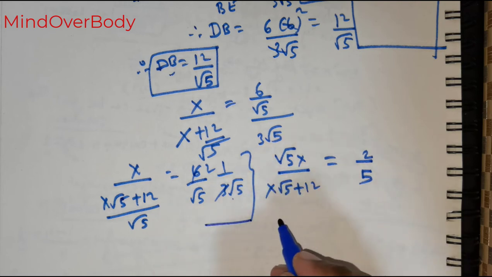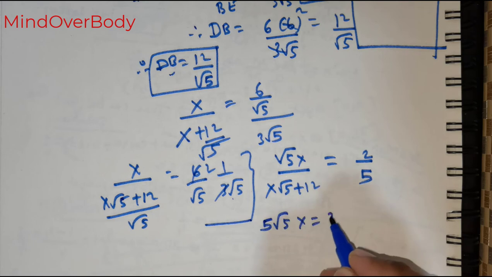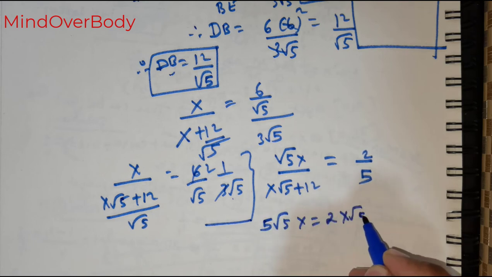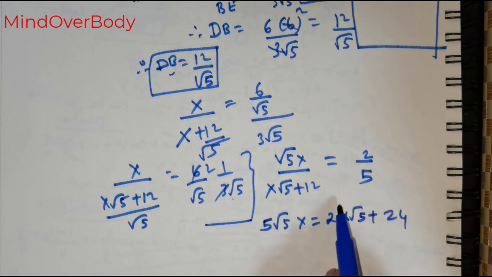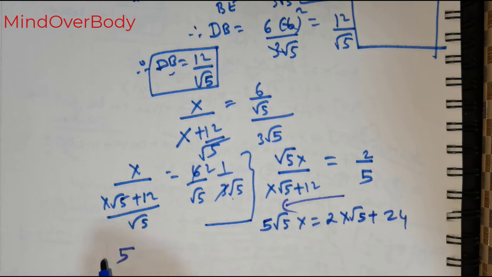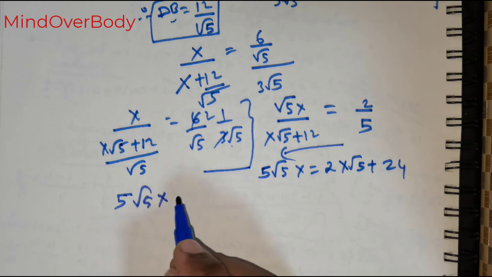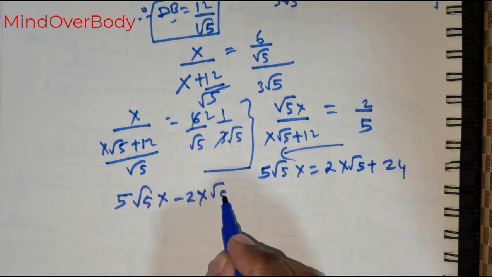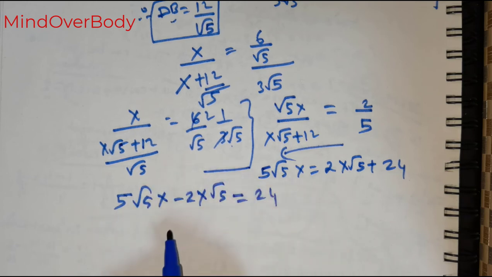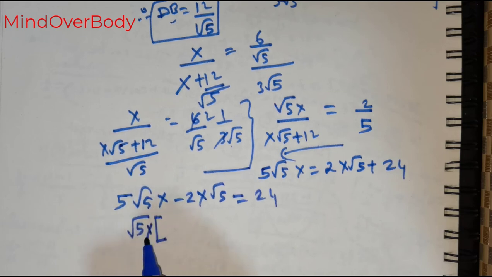Now I can cross multiply. I get 5 times root 5 times x is equal to 2 times x root 5 plus 24. If I move this, it's 5 root 5 x minus 2 root 5 x is equal to 24. I can take root 5 and x out.